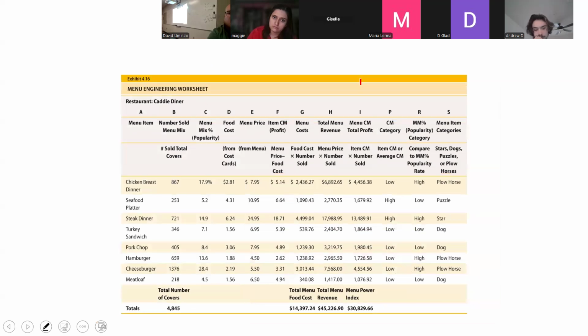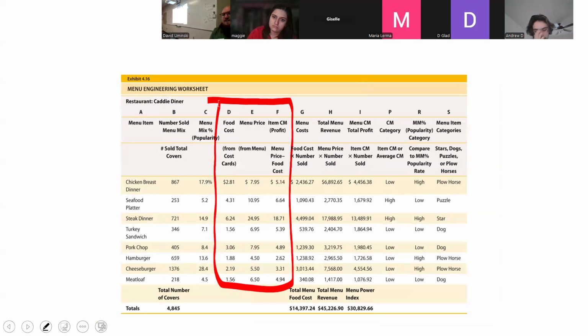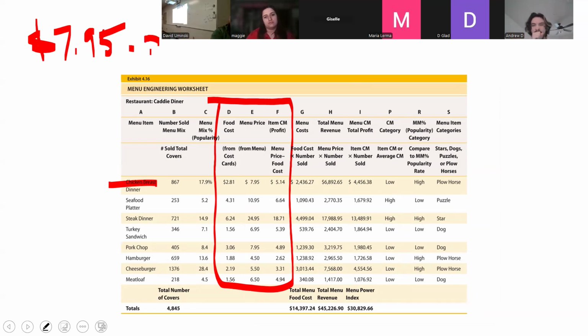So if we look right now just at these columns, D, E, and F, okay? My menu price of $7.95. Let's look at our chicken breast dinner. It cost me $2.81 to make it.